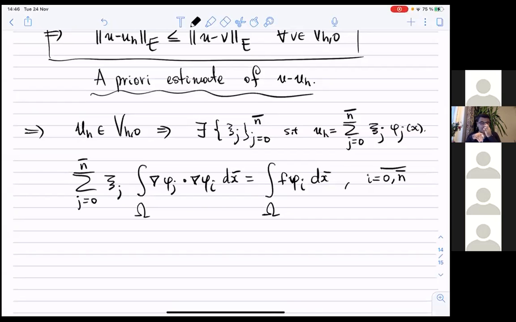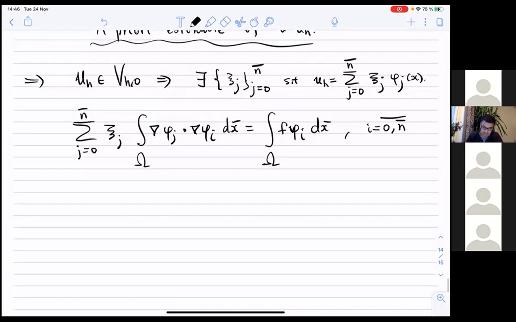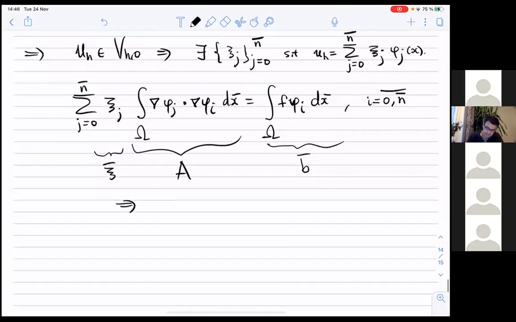This is the numbering that we get. This object we call A, the stiffness matrix. The unknown vector is psi, and the right hand side is b. We end up solving A psi equals b.